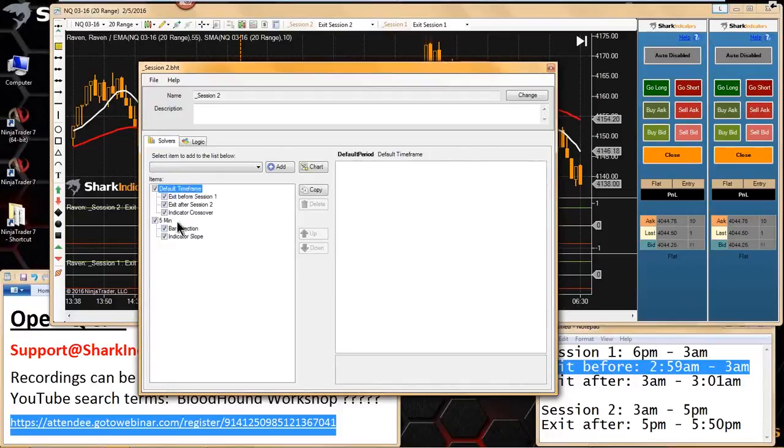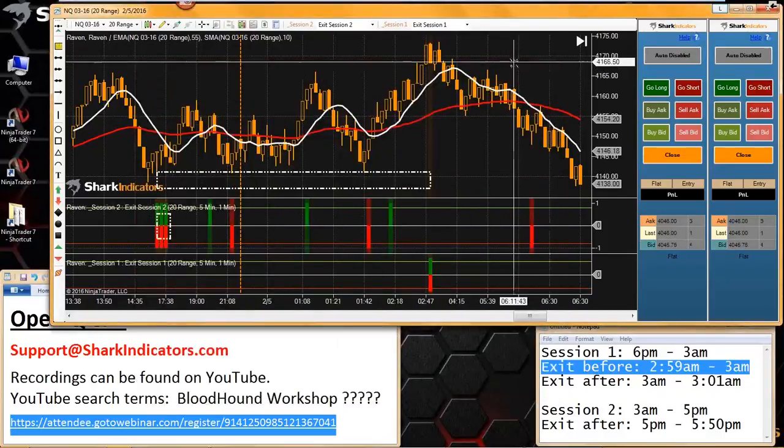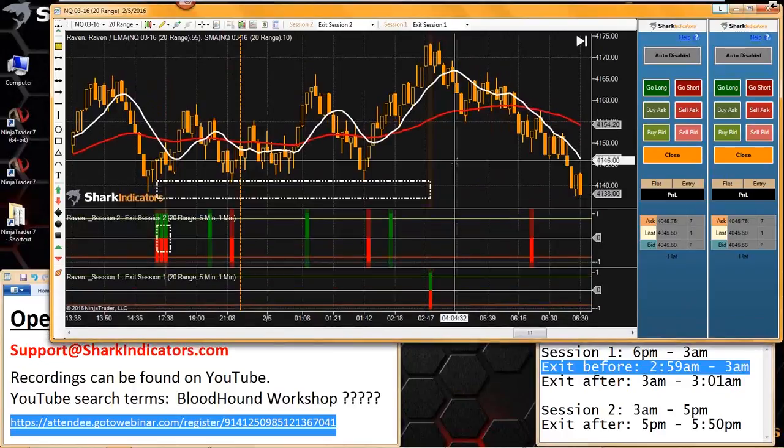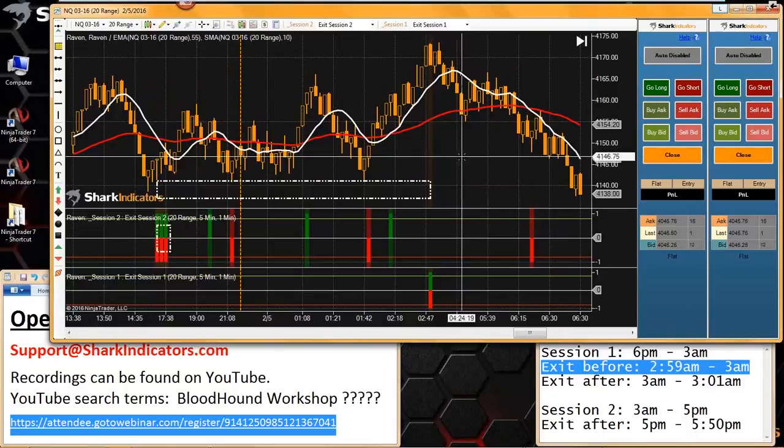What is the default time frame? If you do create a minute-based time frame and put your exit solvers on that, okay, actually, it's going to be better if I demonstrate this in BloodHound, not through Raven.